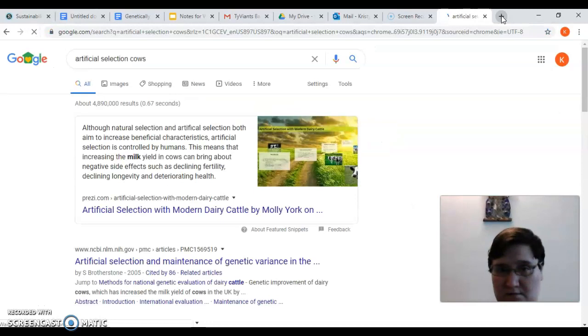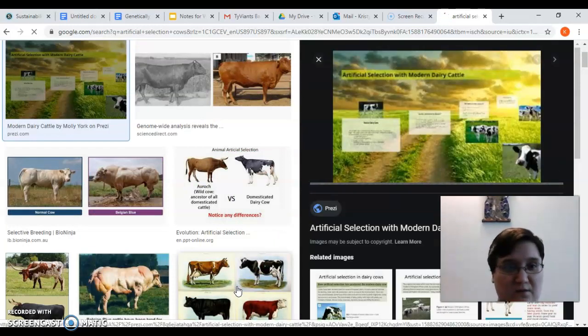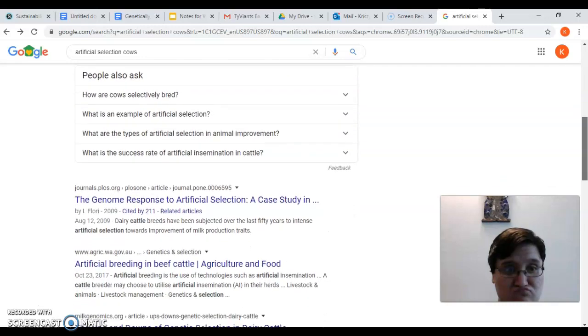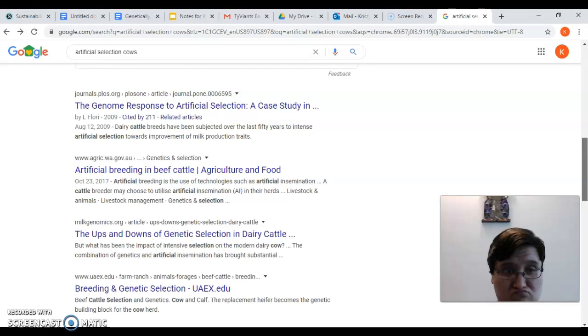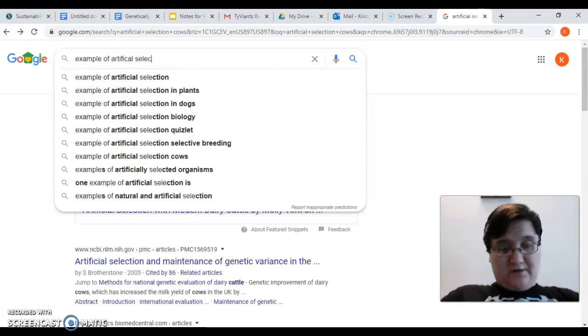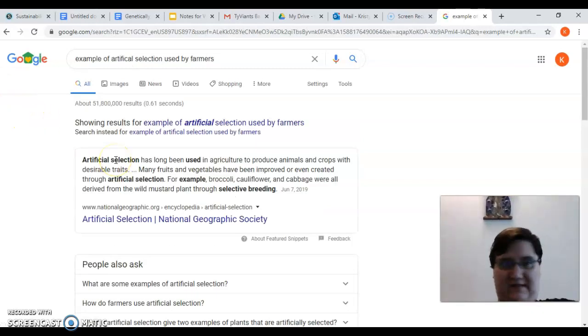Let's just see what the real life example of artificial selection used by farmers is. I just want to show you a real world example.